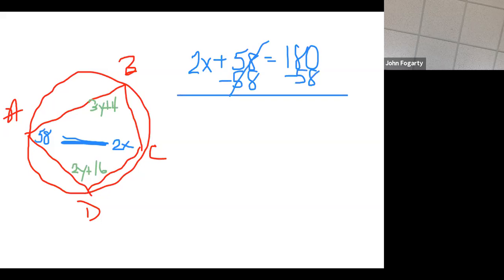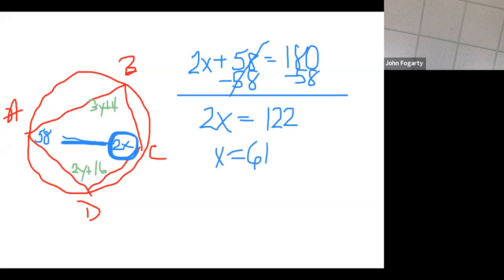And I get 2x equals 122. Hey, fellas, what's angle C? It says angle C is 2x. Look at my equation. What's it say 2x is? 122, right? Yes? I'm done there. But if I wanted to know what X is, it would be 61, right?